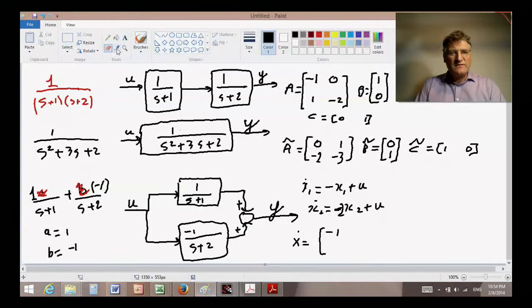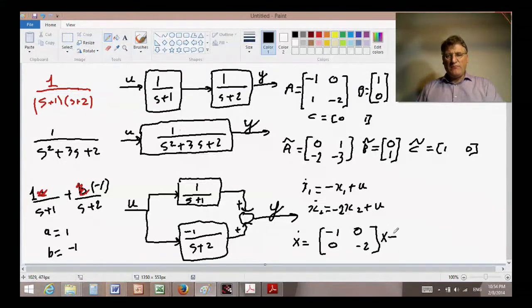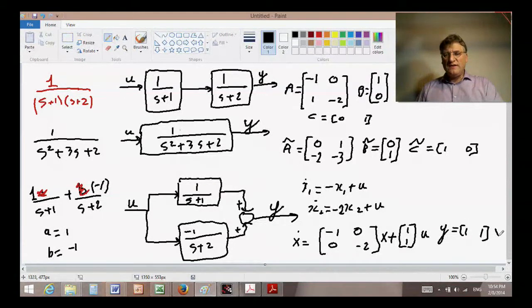Okay, let me correct this. Minus 2x2 times x plus 1, 1 times u, and y is equal to the sum of these two. Therefore, y is equal to 1, 1 times x.